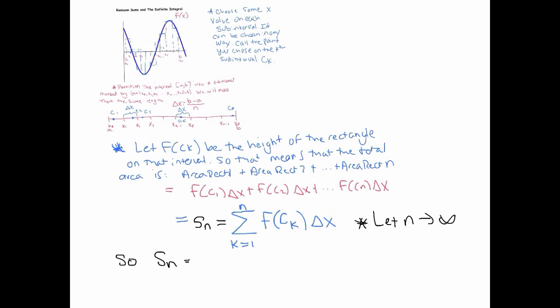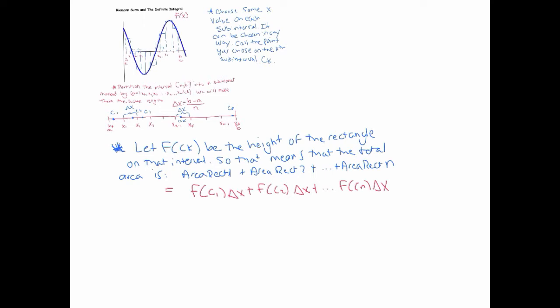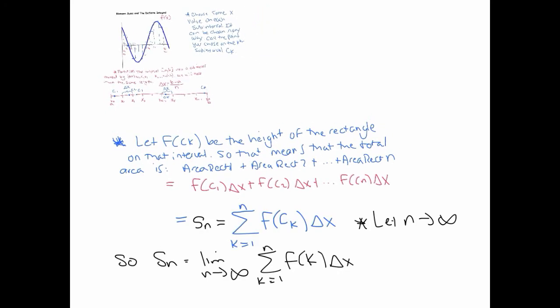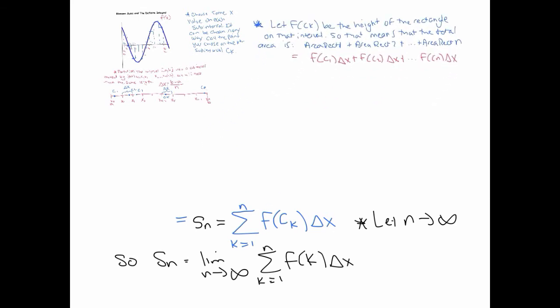S sub n would be the limit, as n goes to infinity, of this guy up here, and this notation, this is what we just defined here. I'm just going to squeeze this all up here.